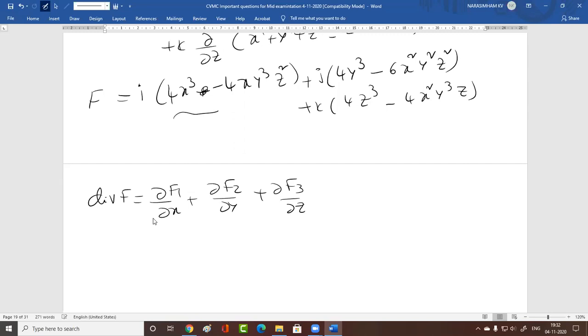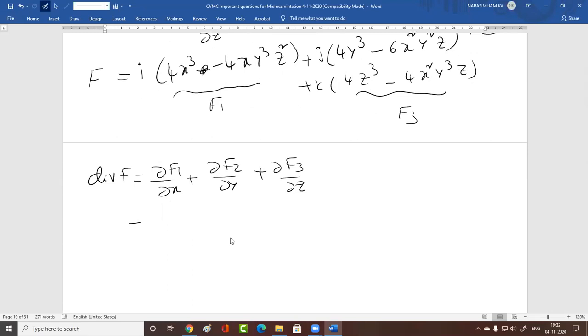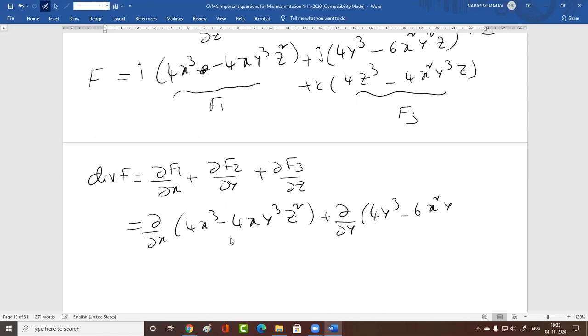This is f1, this is f2, this is f3. Okay. So using this, ∂/∂x of 4x cubed minus 4xy cubed z squared, plus ∂/∂y of the second term, 4y cubed minus 6x squared y squared z, plus ∂/∂z of the k component, 4z cubed minus 4x squared y cubed z.